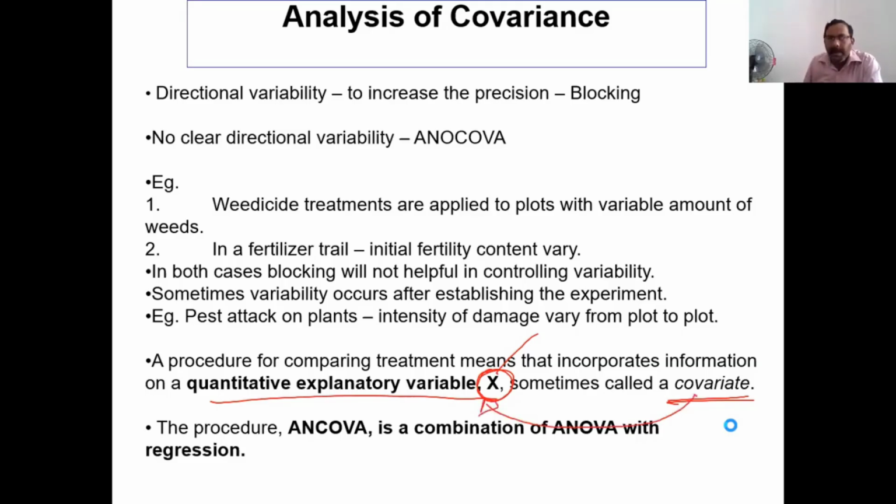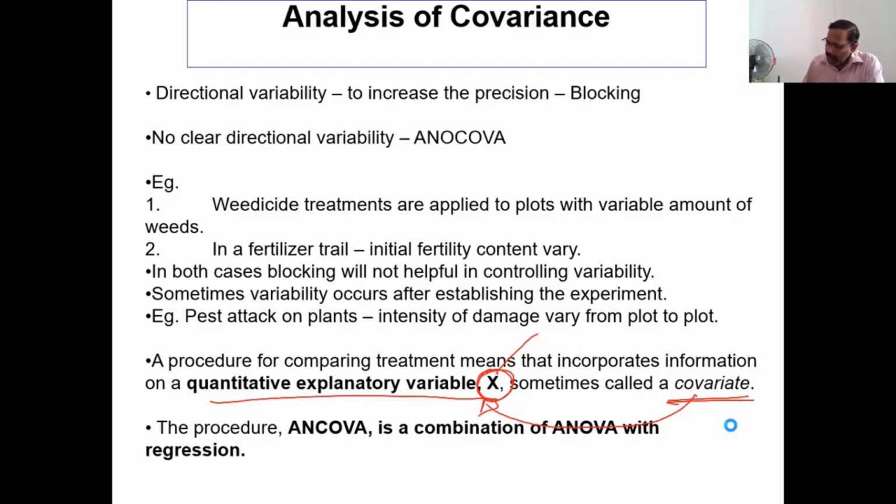So hereafter, if I refer to covariate, you should know what it is. My explanation is mostly on animal science experiments, so everybody will understand later on.